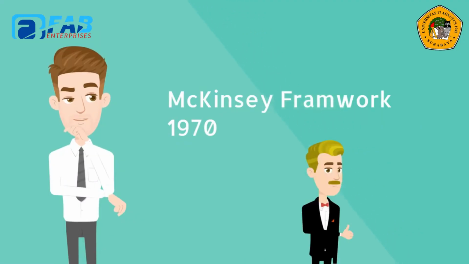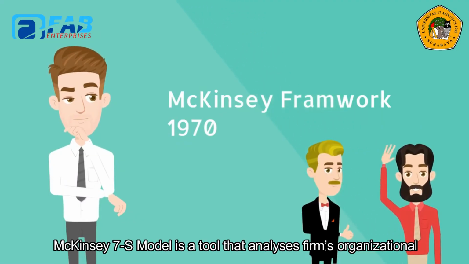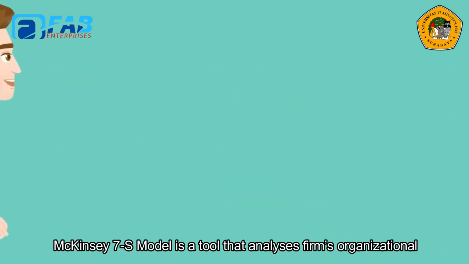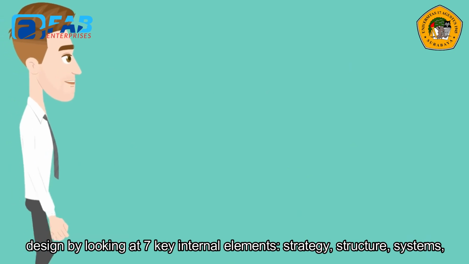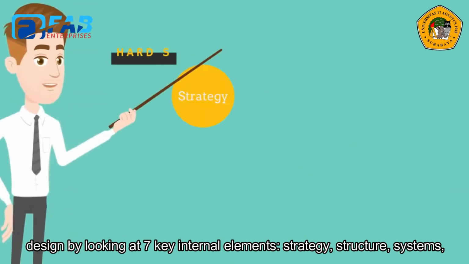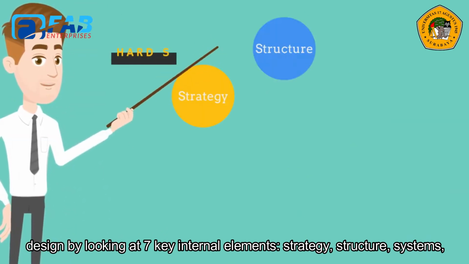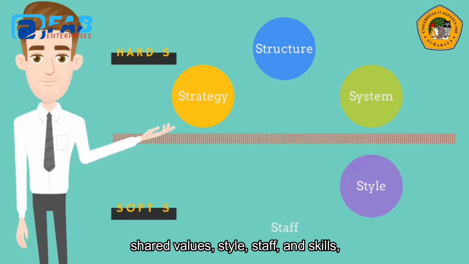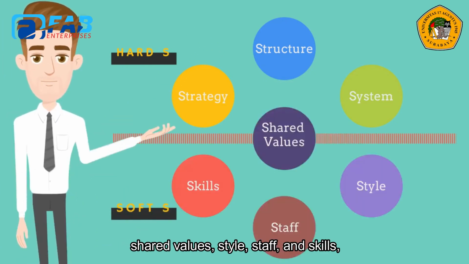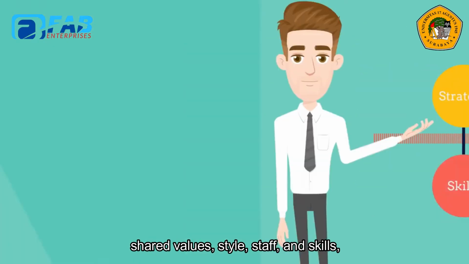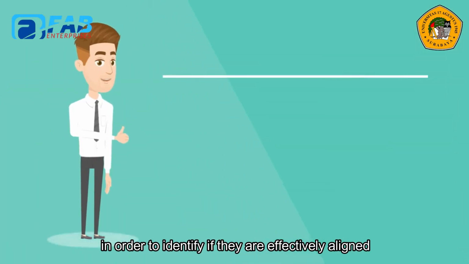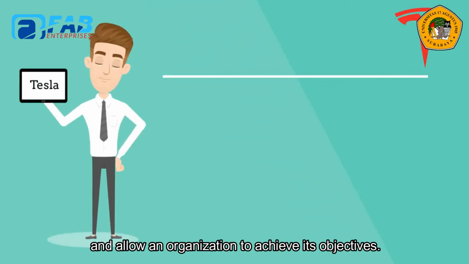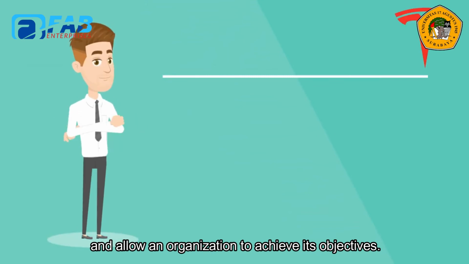McKinsey 7S model. The McKinsey 7S model is a tool that analyzes a firm's organizational design by looking at 7 key internal elements: strategy, structure, systems, shared values, style, staff, and skills, in order to identify if they are effectively aligned and allow an organization to achieve its objectives.